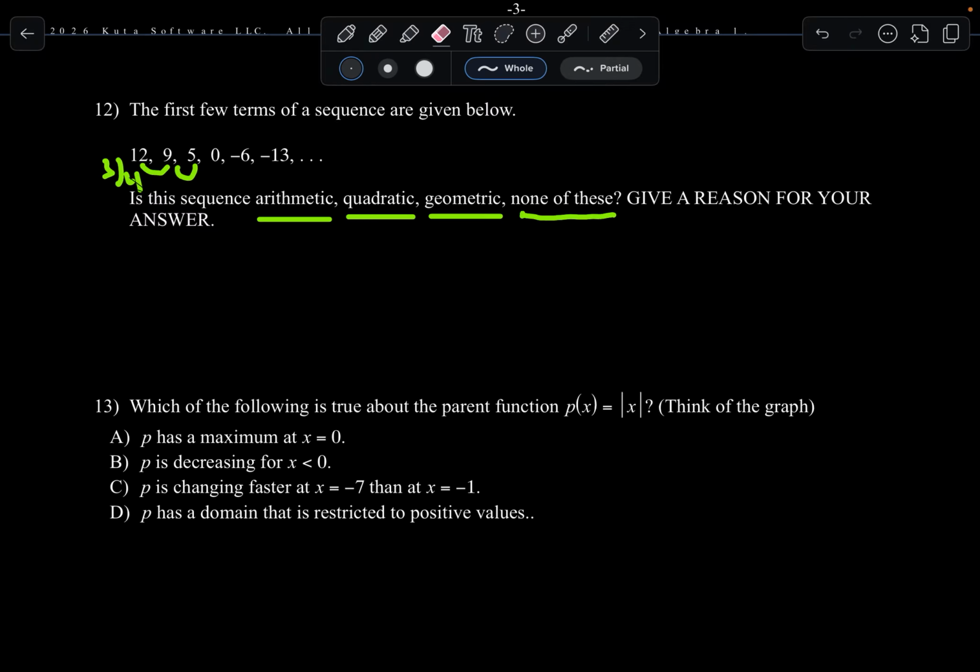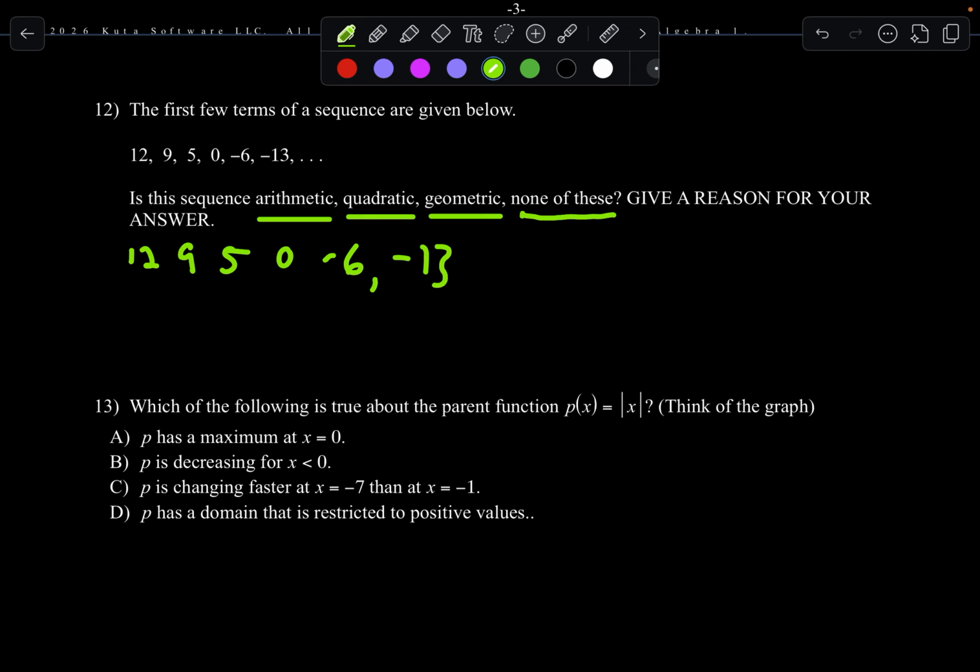So let's look to see if it's arithmetic, which means we're adding the same number. To do this, we just go, okay, 9 minus 12 is -3. 5 minus 9 is -4. 0 minus 5 is -5. -6 minus 0 is -6.